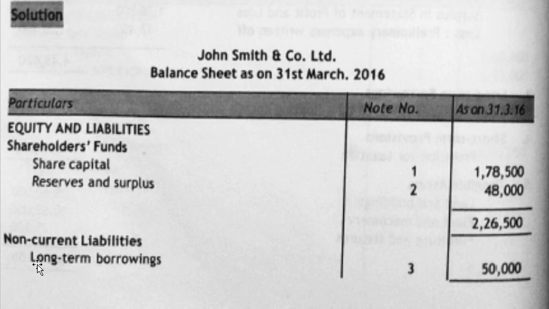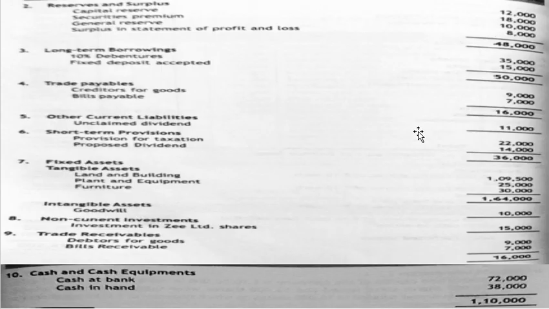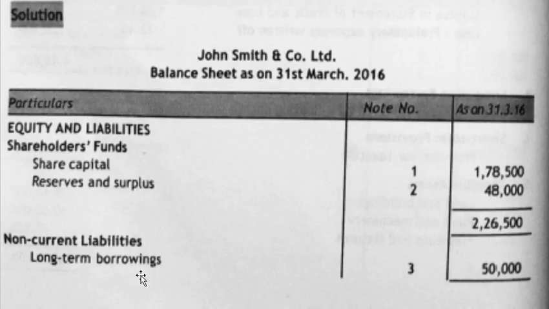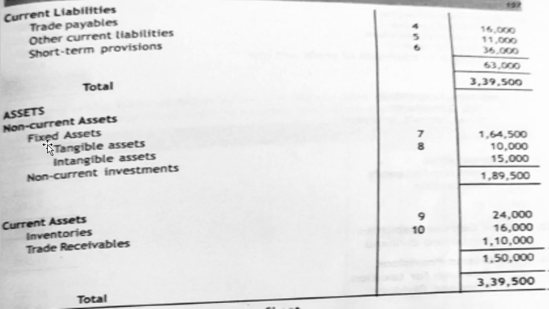Next, non-current liabilities. Under non-current liabilities, we'll have long-term borrowings, which is working note 3, which will give you 50,000, which has been recorded here. Next, we have current liabilities: trade payables, other current liabilities, short-term provisions.